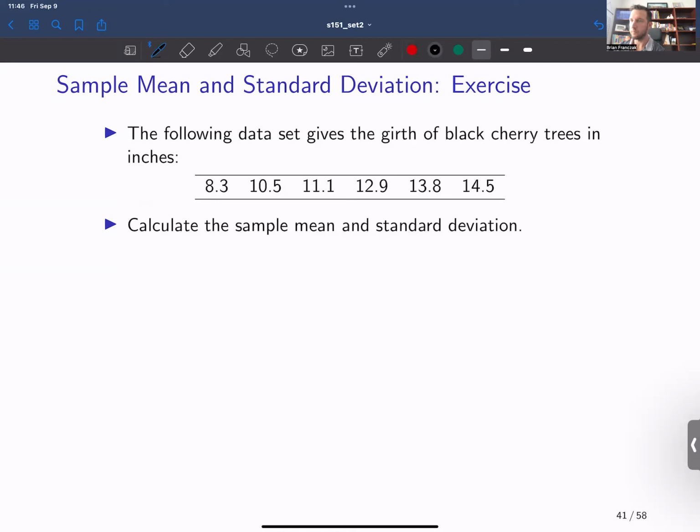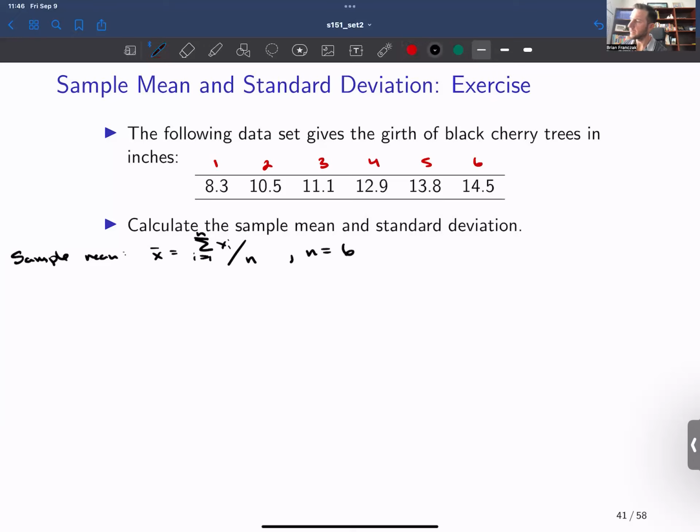So the first thing I'm going to do is focus on the sample mean. As a reminder, the sample mean is given by x bar is equal to the sum from i equals 1 to n of xi divided by little n. In this situation, little n is going to be equal to 6 because we have 6 observations in the data set.